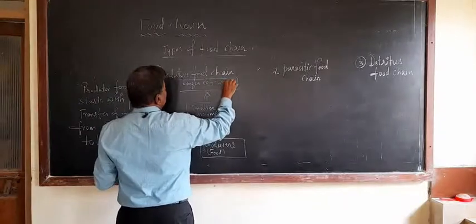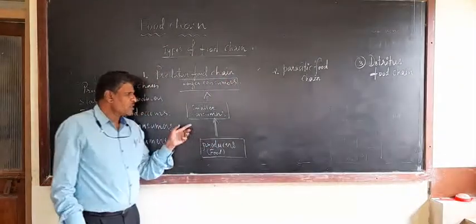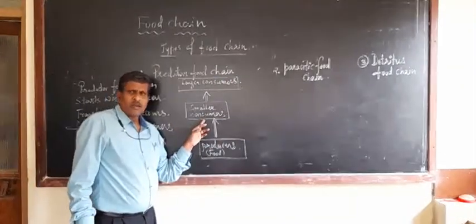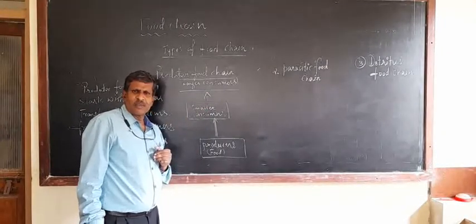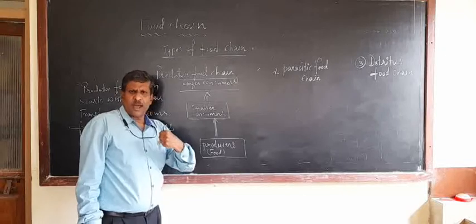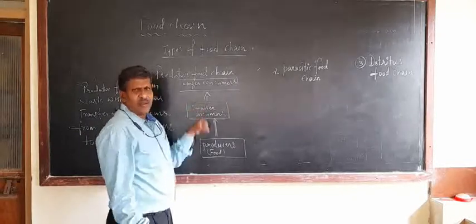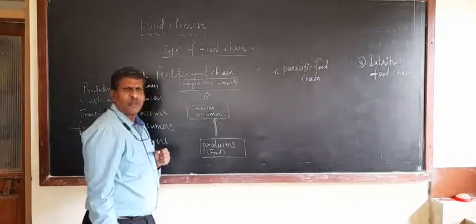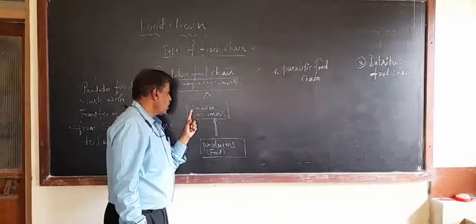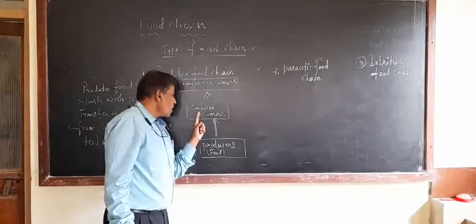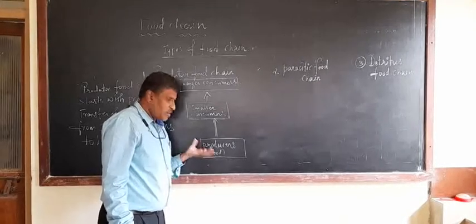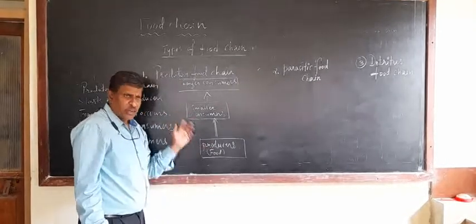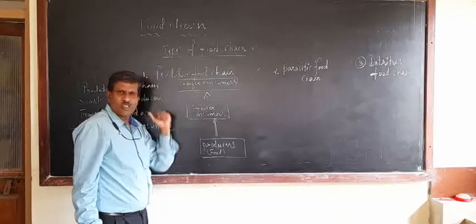Here, transfer of food finally takes place to the larger consumers. How does it happen? It happens by repeated eating and being eaten. Larger consumers are going to eat the smaller consumers. Then these smaller consumers are going to eat the producers. By means of repeated eating and being eaten up, transfer of food occurs.